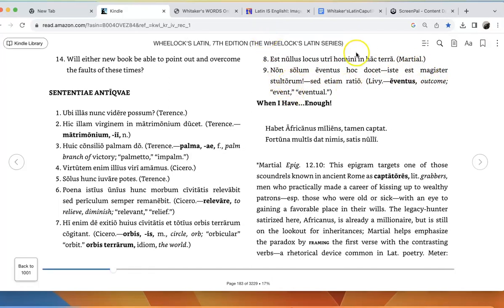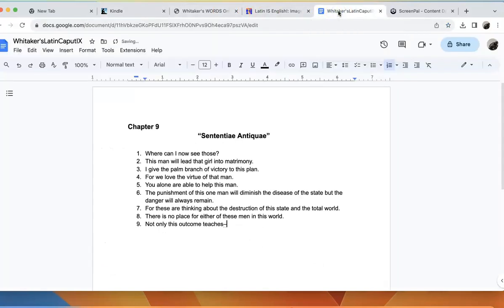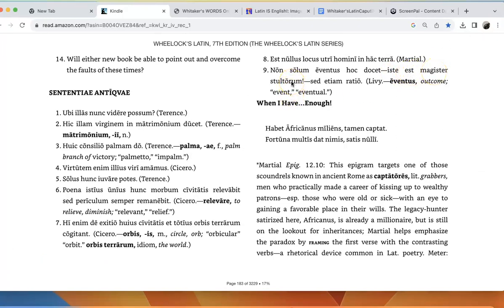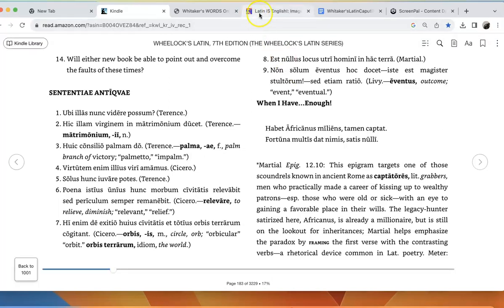stupid people, but we'll say he is a master of stupidity. So, he is a master of stupidity, literally of stupidities.